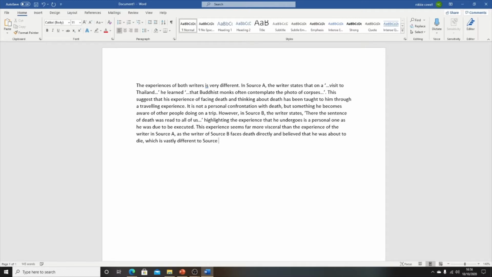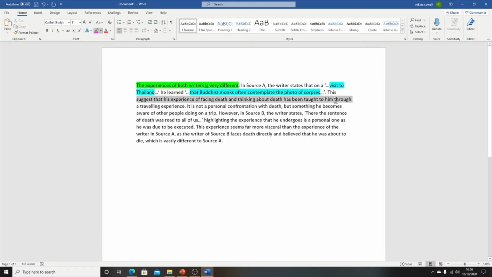So what I will do there, I'll just sort of show you in terms of highlighting the key parts of that. So there I'm tying into the question and making a statement. I've then got my quotation that I have embedded, my second one there that I've embedded, and then my inferences.